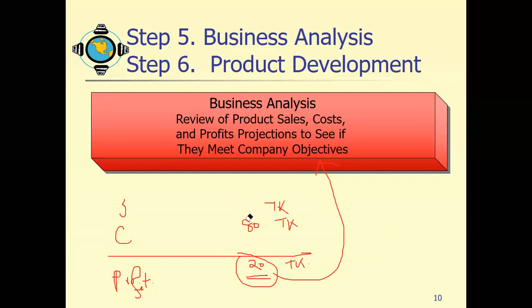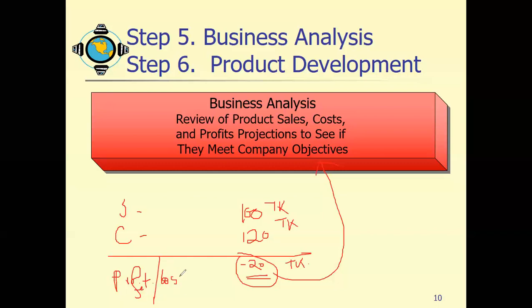And if the sale is 100 taka, and you see the cost is 120 taka per unit, then there is negative profit, I mean loss.